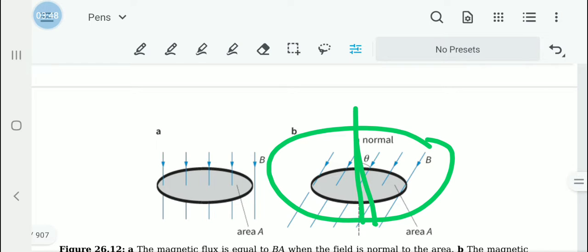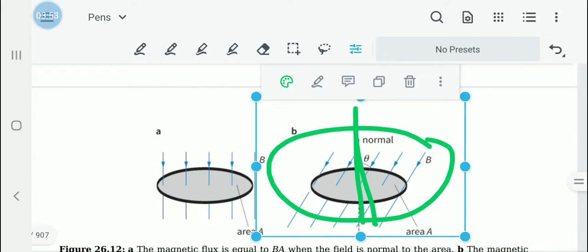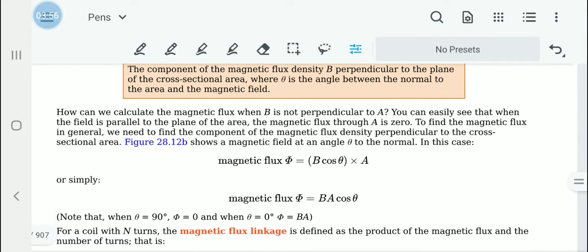Now, moving on, the equations that we have got are: magnetic flux phi equals B cos theta times A, or else BA cos theta. It's the same thing because everything is multiplication. When theta is equal to 90, phi becomes 0. When theta equals 0, phi equals BA.